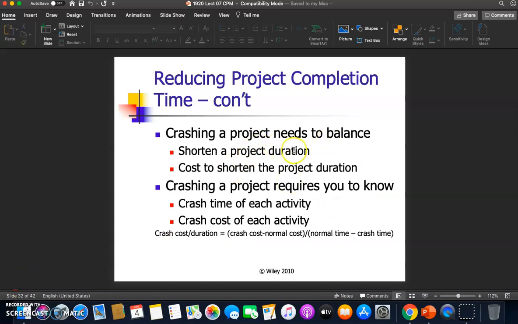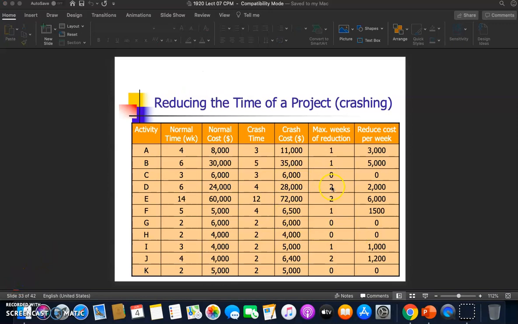So crashing a project needs to balance shortening the project duration against the cost. So crashing a project requires you to know the crash time of each activity and the crash cost of each activity.